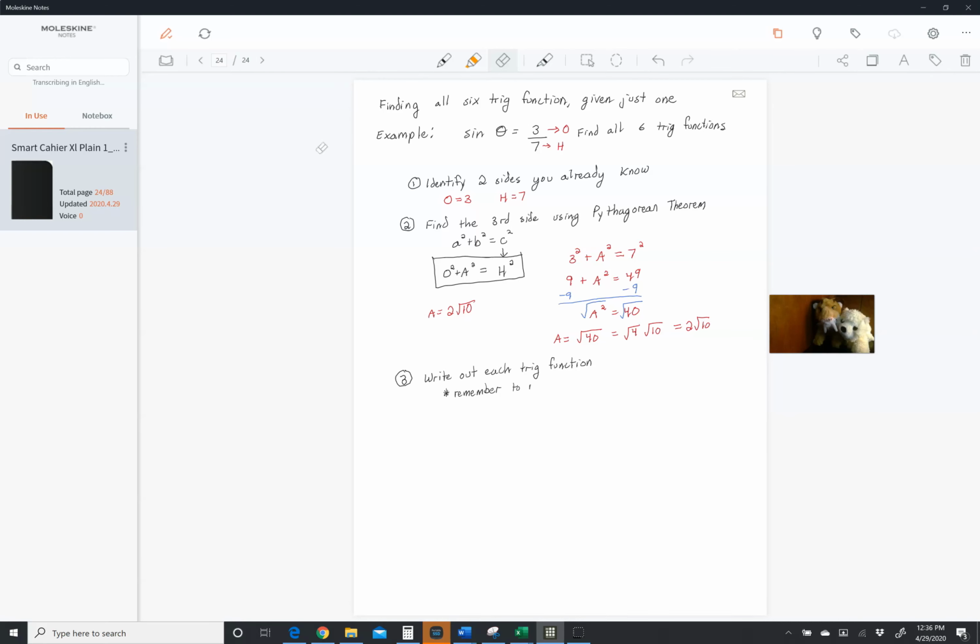You want to make sure that you reduce all your fractions. And you want to remember to rationalize your denominators. So we're at a point in this semester where you know how to rationalize denominators. So now we can just go through each one.